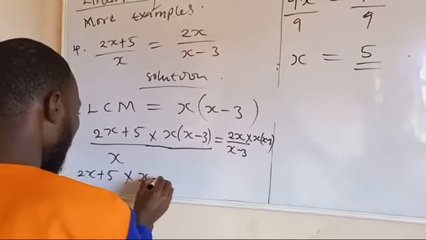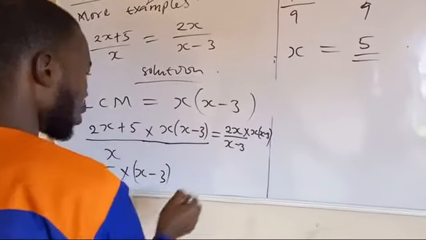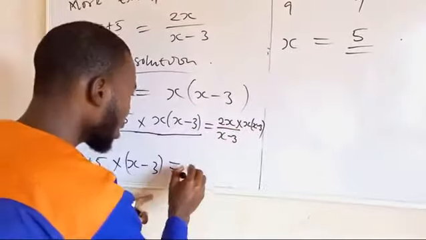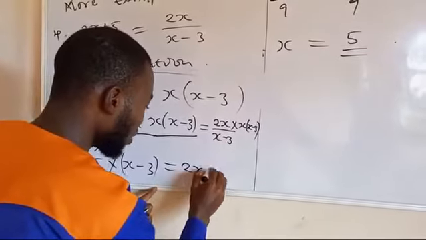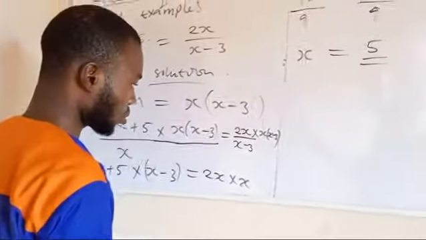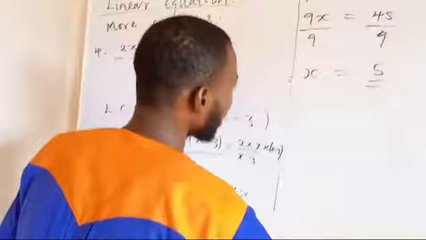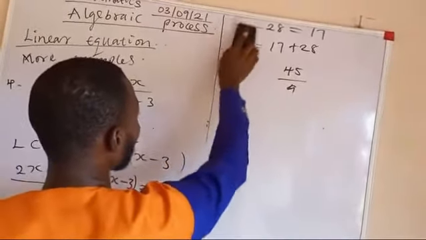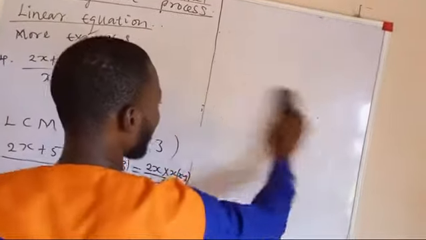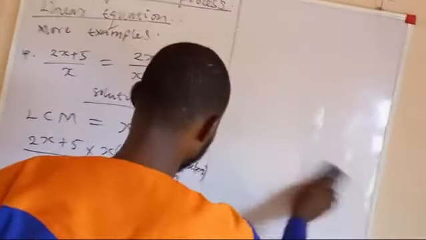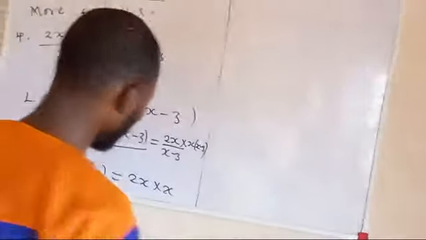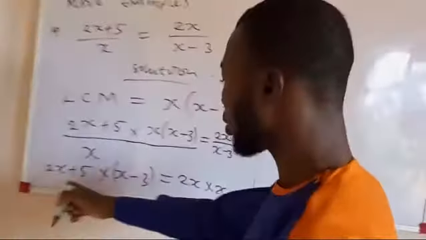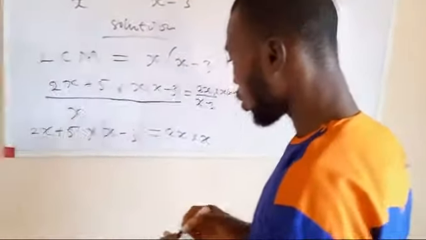times x minus 3. It's now equal to, x minus 3, we cancel x minus 3. We are now left with only x. This will now give us 2x times x. At this point, we have to open the bracket. We use 2x to multiply.